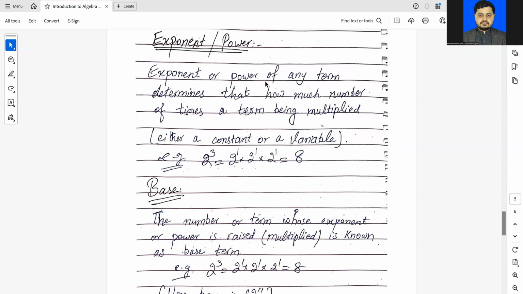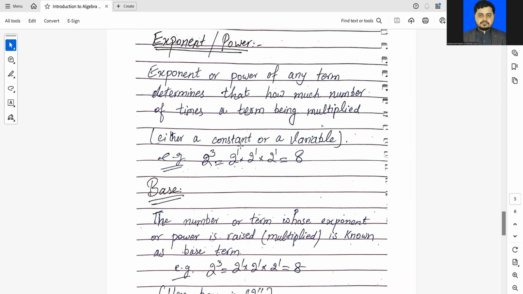Exponent or power of any term determines how many times a term is being multiplied. The term may be a constant or a variable. Now, we have this term 2.